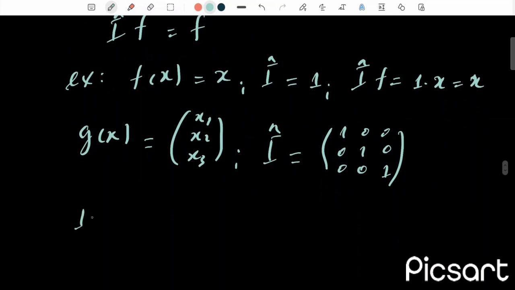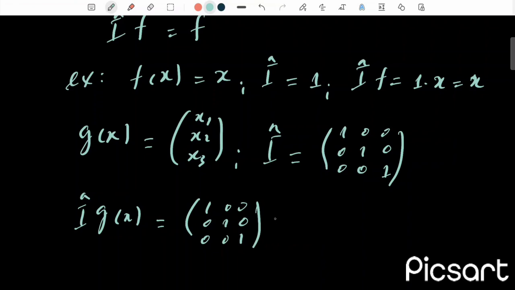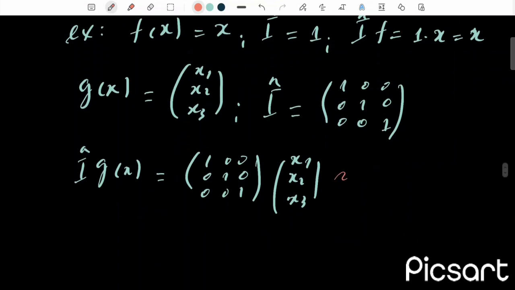Then when we apply I on the function g, we get the identity matrix times x1, x2, and x3.